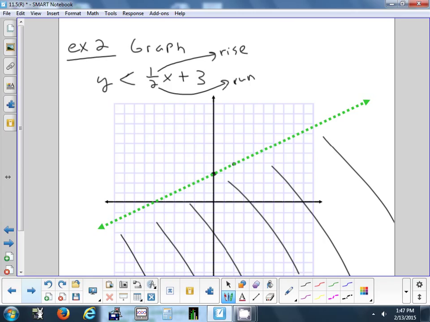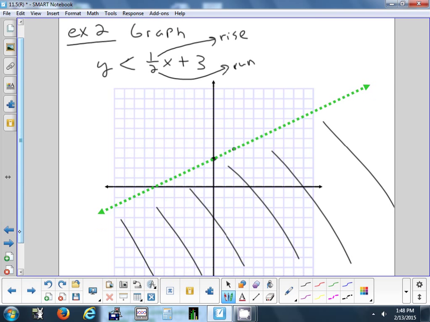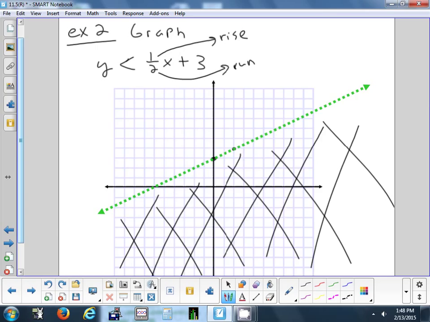You shade below because it's a less than. Okay? Why are you shading in the first place? Because every single place that I've shaded, somebody pick a coordinate somewhere in the area that I shaded.